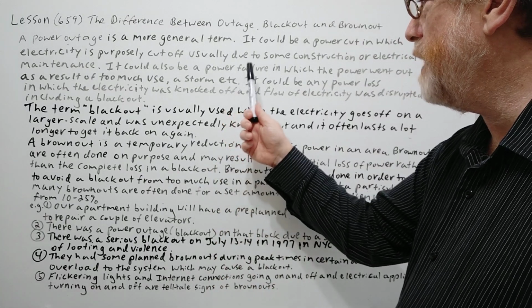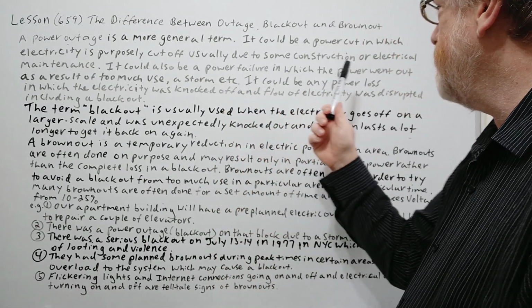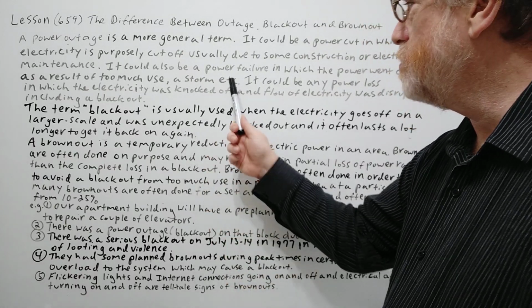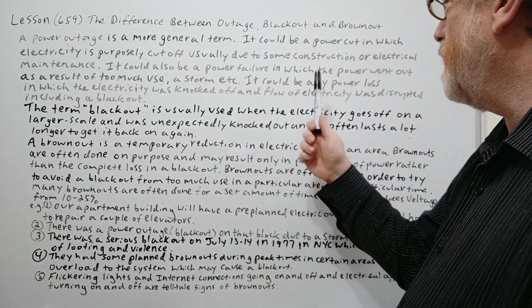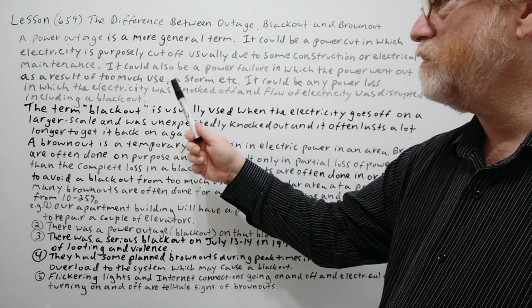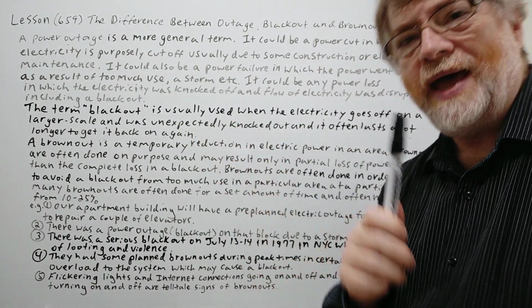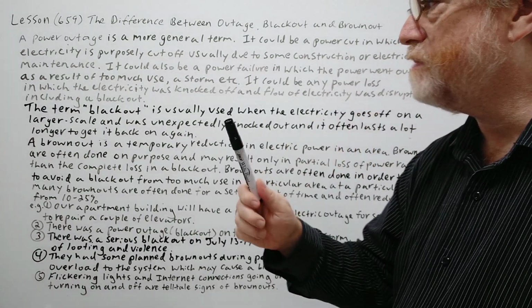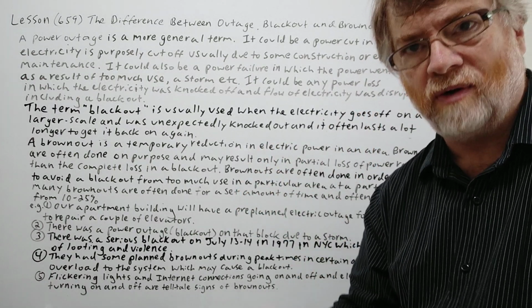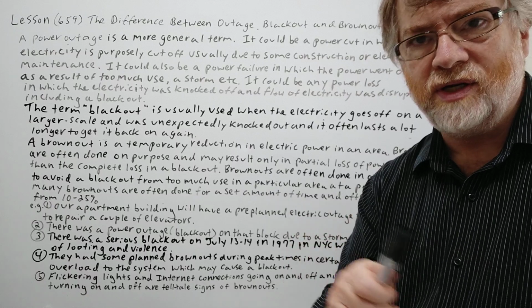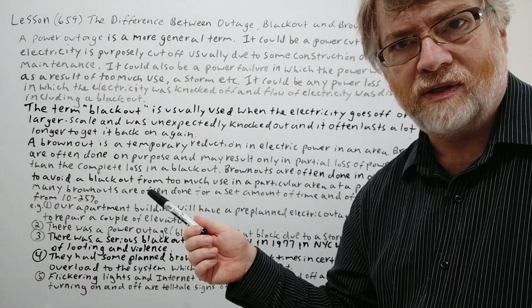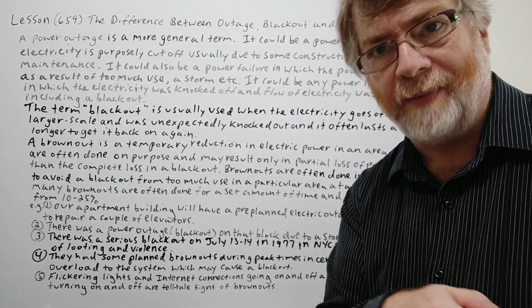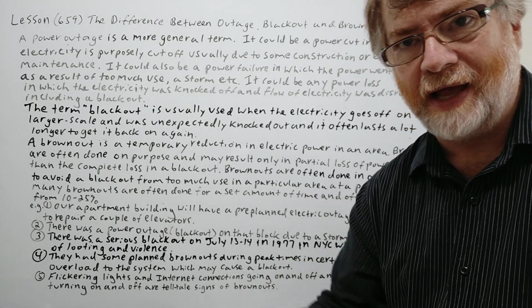It could also be a power failure, in which the power went out as a result of too much use, a storm, etc. It could be any power loss in which the electricity was knocked off and the flow of electricity was disrupted, including a blackout. So basically, all blackouts are outages as well. All right, but not every outage is a blackout.